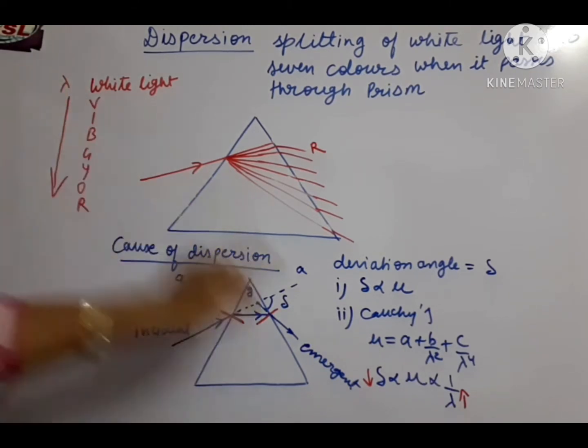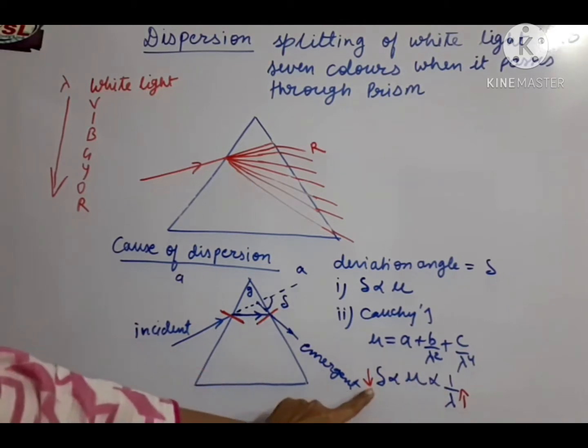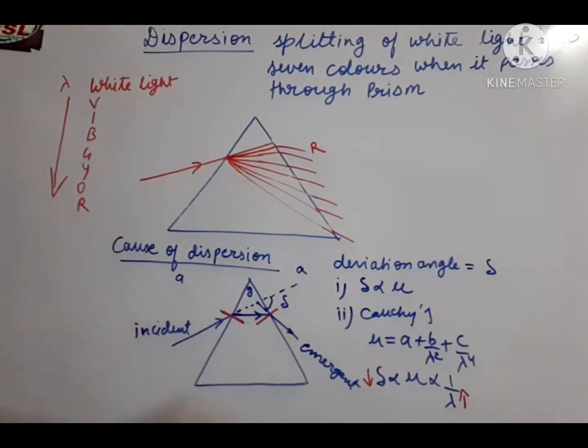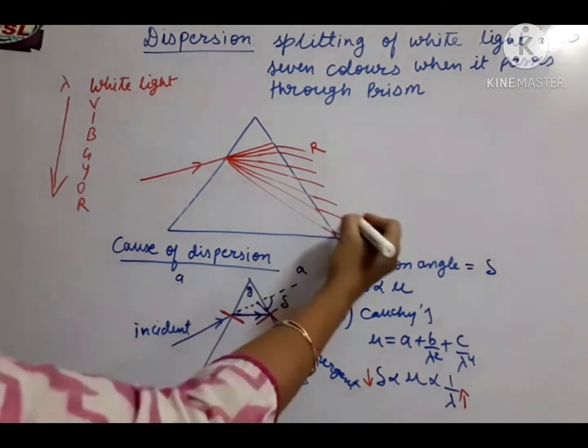If lambda is minimum, delta is highest. So the deviation angle should be highest for violet color, and all other colors have values in between the values for violet and red.